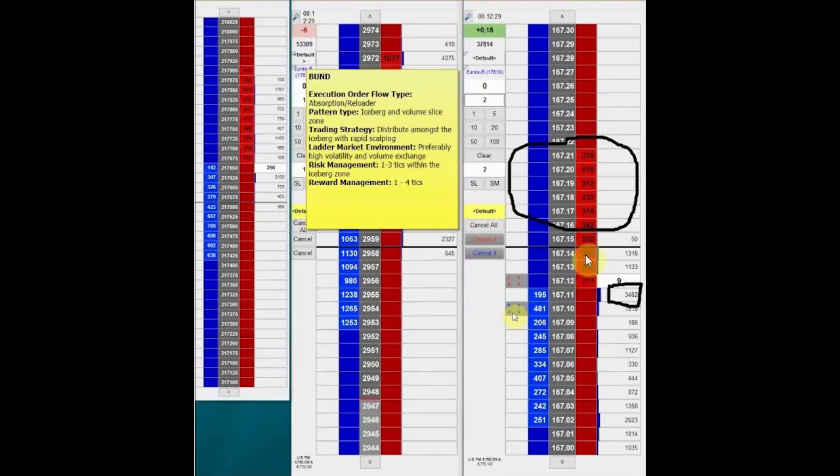What we're trying to see in this area is, is there a seller that keeps on reloading the offer? And when we observe that potential seller that's reloading the offer, what type of trading strategy do we want to deploy? The trading strategy that we want to deploy is to distribute amongst the iceberg and rapid scalp.